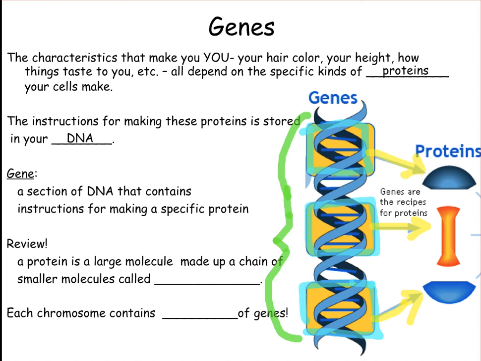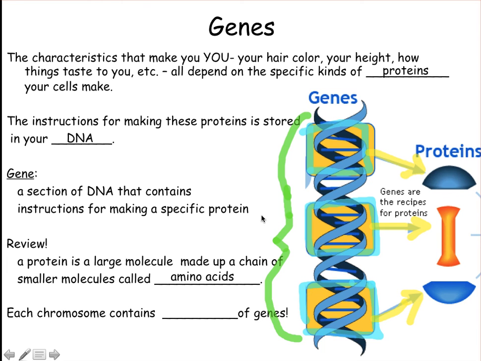So, if we're going to say that each gene is like a recipe for making a specific protein, what we're really meaning is that each gene has the instructions for determining which amino acids. Again, recall that we've learned in a previous section that proteins are made up of a chain of smaller molecules called amino acids.